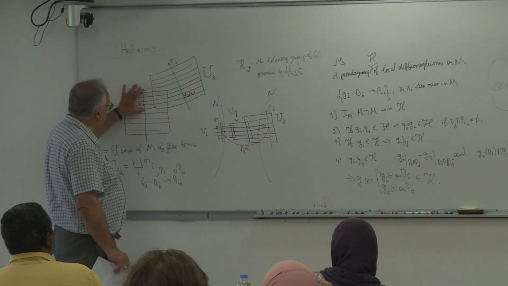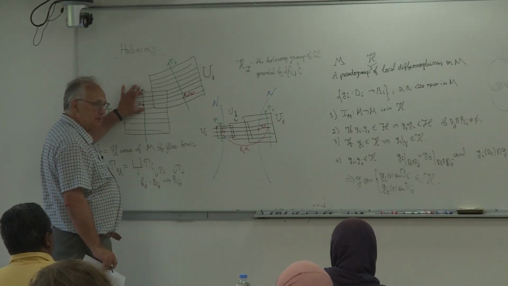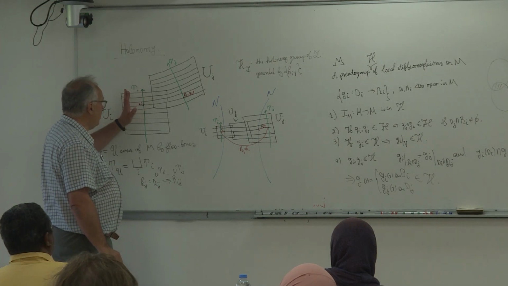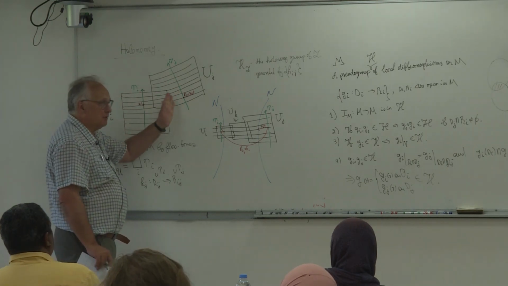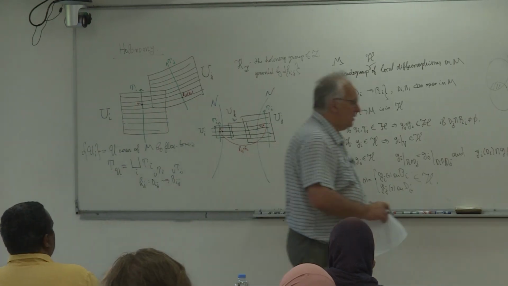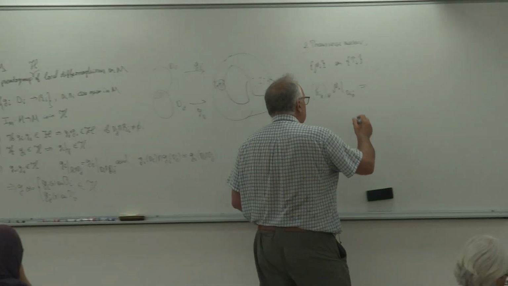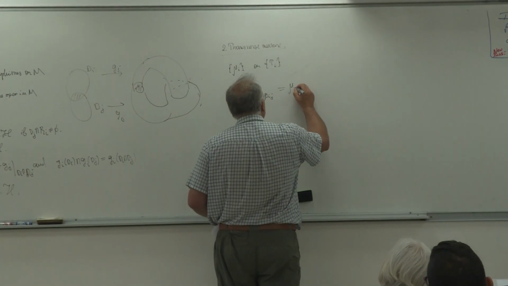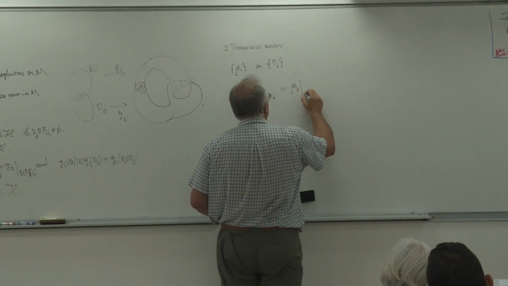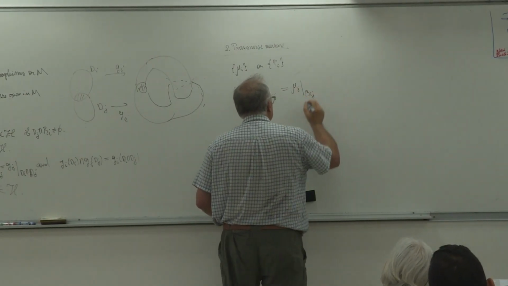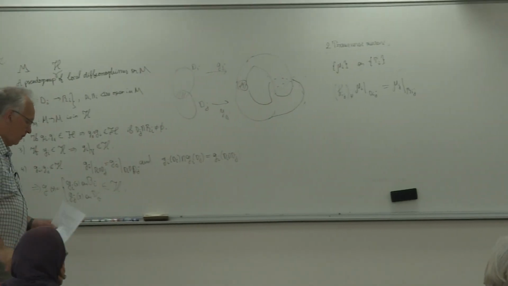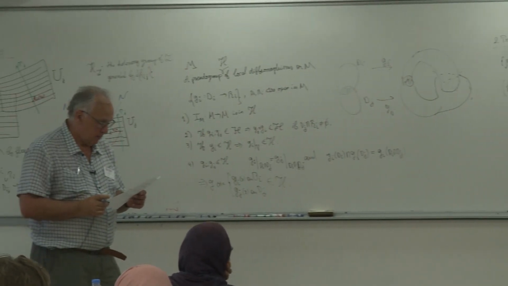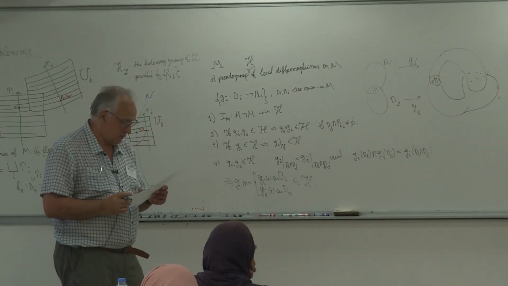You restrict it to this piece, Dij. And then you have a map to this Tj. And you push this measure, and the condition is that this should be mu j restricted to Rij. Okay?